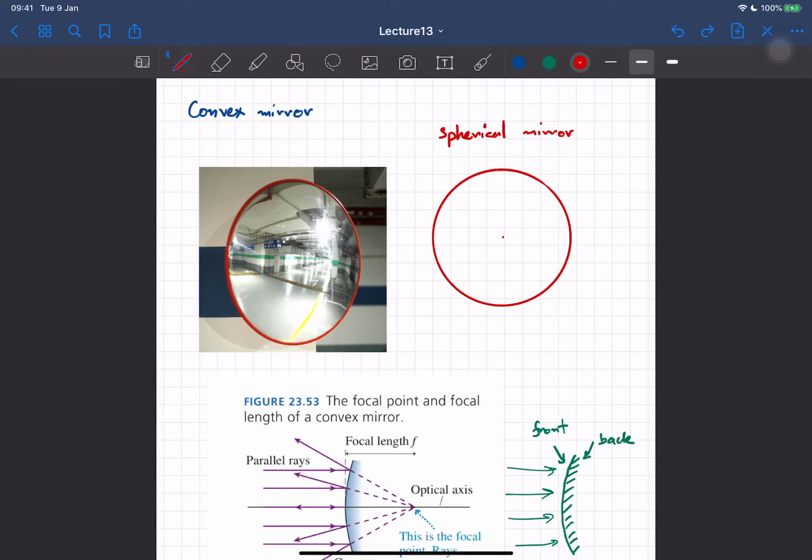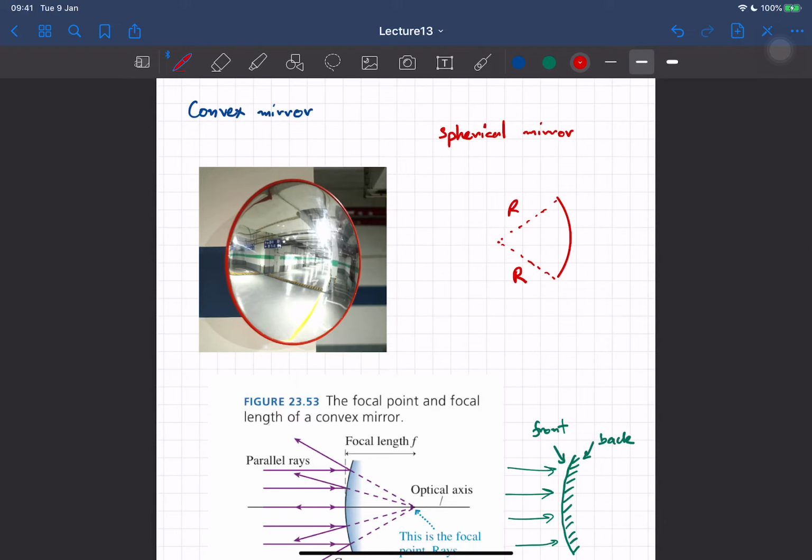So the radius of the sphere is r. When you cut the sphere, the section left for you to make the mirror will also have the same radius of curvature, r, like this.